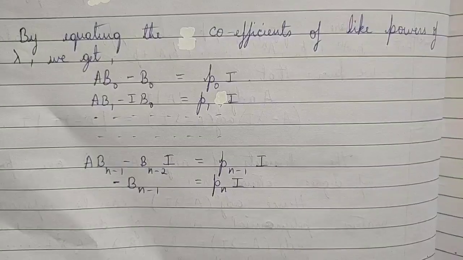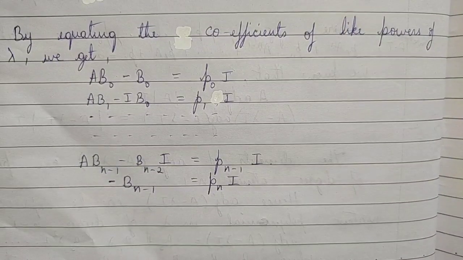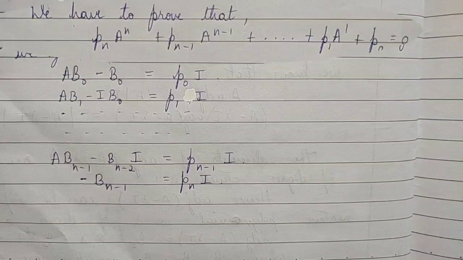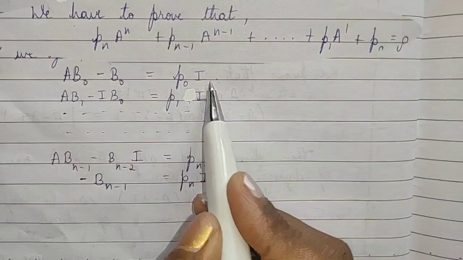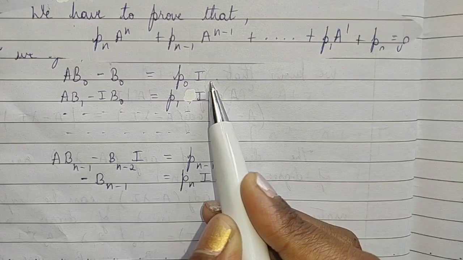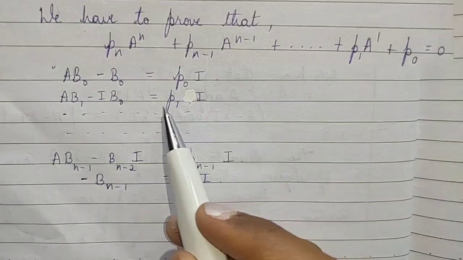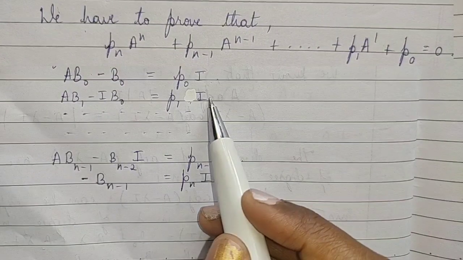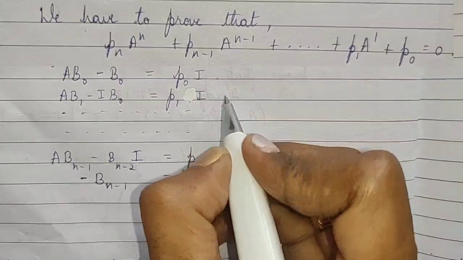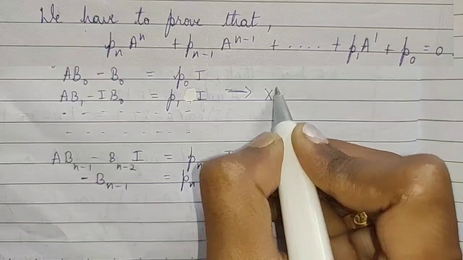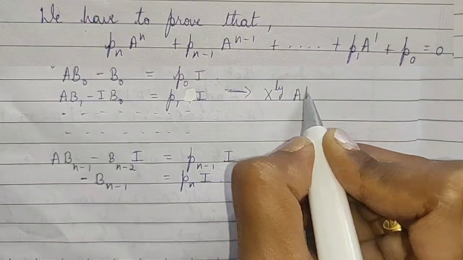Now remember what we had to prove? Yes, we'll check it out once. Now comparing what we had to prove, check this, P naught into I we have. So with P naught what do we have? Into nothing we had, okay. So P1 into I, into what did you have? A1 you had, right? So multiply this with A1.